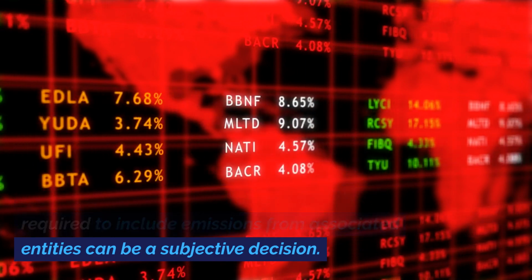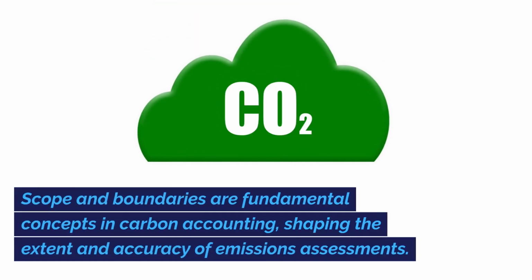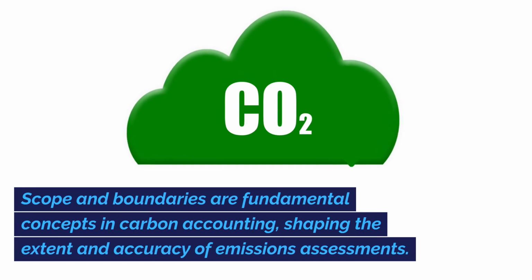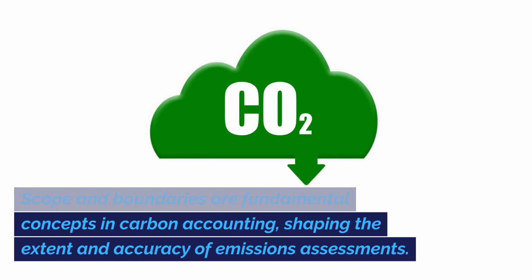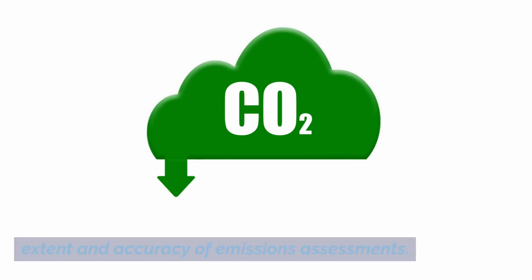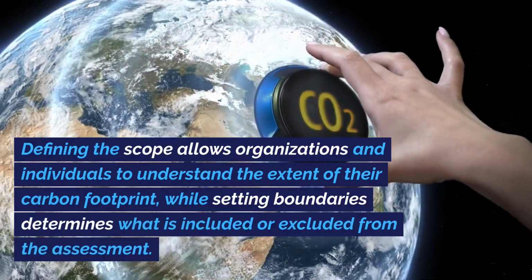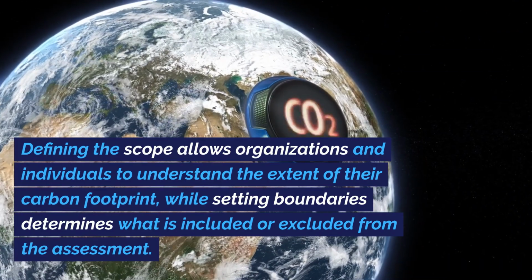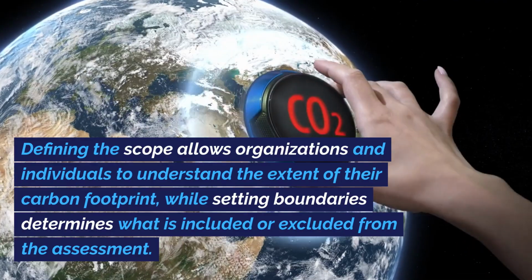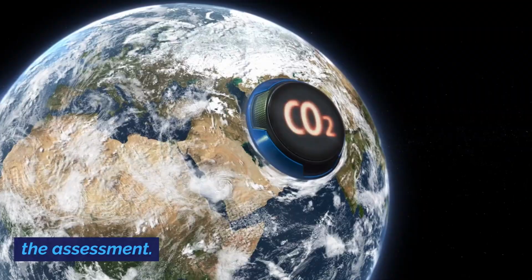In conclusion, this is a huge area. Scope and boundaries are a fundamental concept in carbon accounting. They shape the extent and accuracy of the emission assessments. Now, defining the scope allows organizations and individuals to understand the extent of their carbon footprint, while setting boundaries determines what is included or excluded in the assessment.